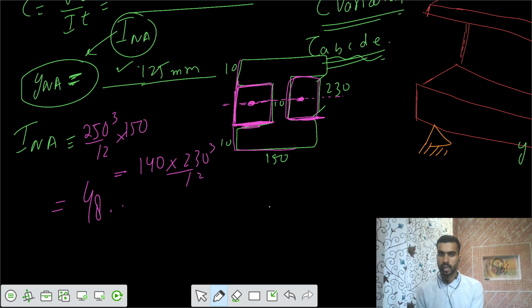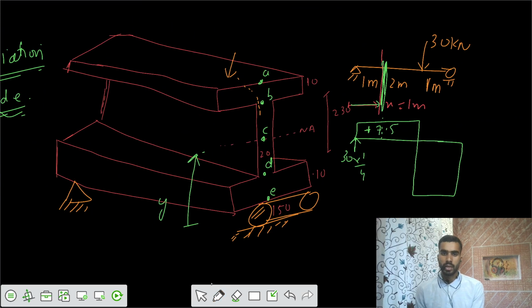Actually, the calculation is that you have these dimensions equal to 5 mm. The others are 10, 10, 150, 250. Yes, 5 mm is there.